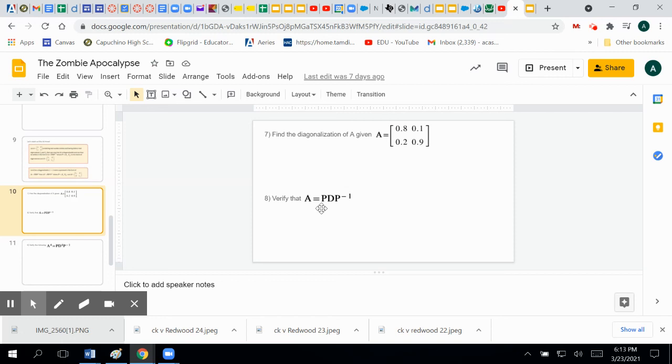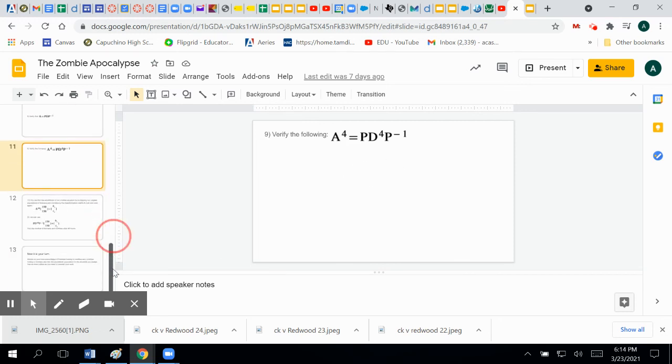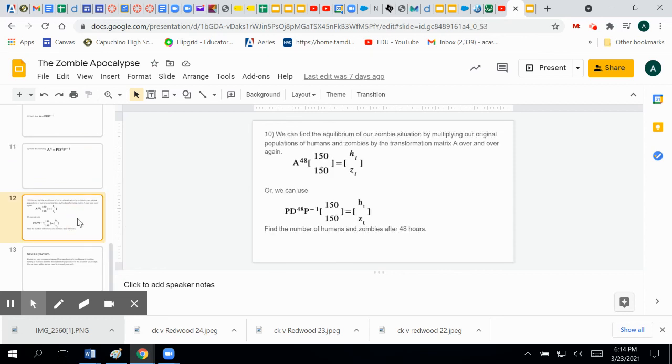And then on question 8, you're actually multiplying it out to show that the two sides of the equation do equal each other. And then you're going to raise it to the power of 4 because your calculator can handle that. It can take A to the power of 4. You're going to verify that this equation also works on question 9. And then you're going to do it again like I just showed you.